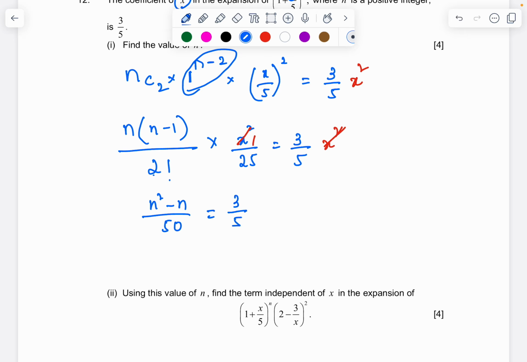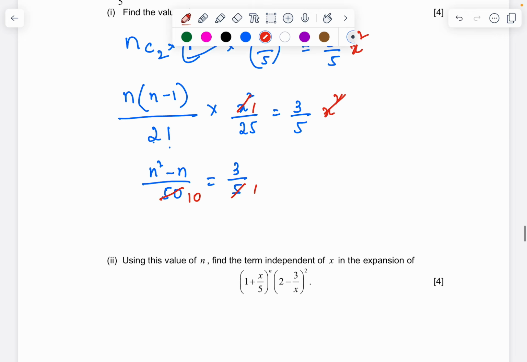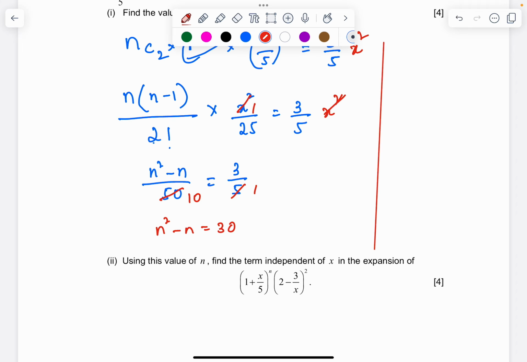So let me simplify this. This gives me 5 times 1 and 5 times 10. So let me cross multiply now. This gives me 30. So n square minus n minus 30 is equal to 0.